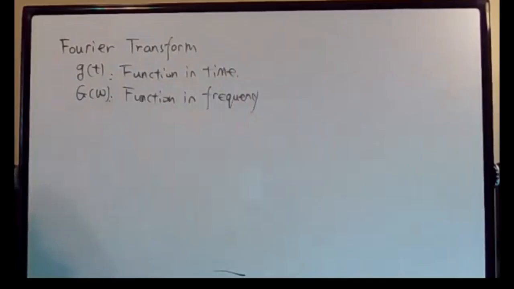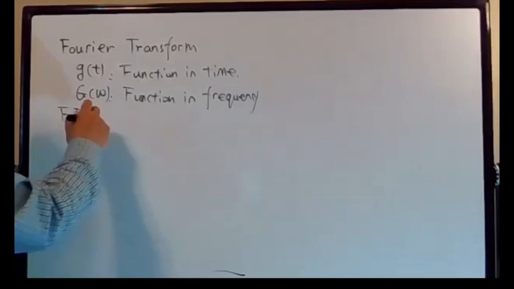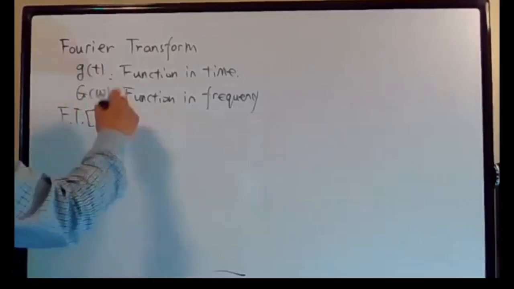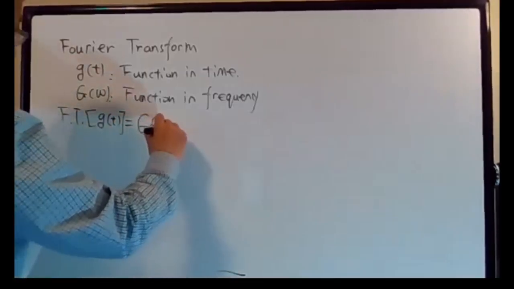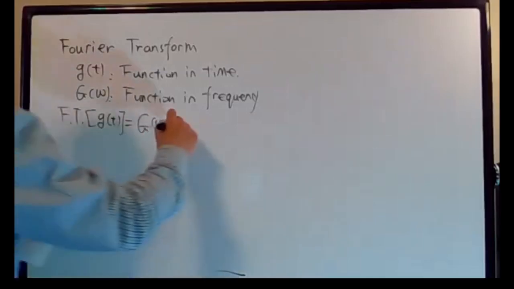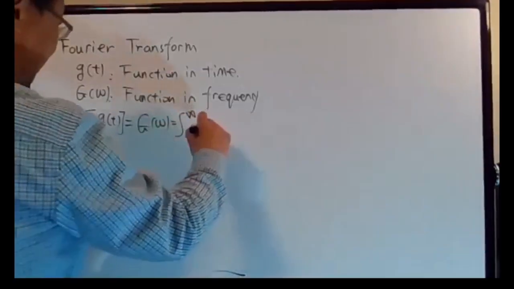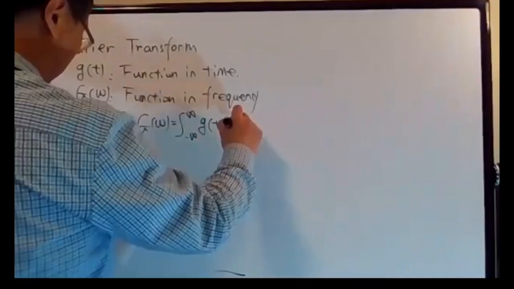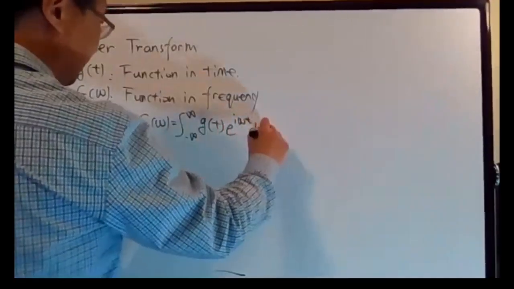The Fourier transform of this little g(t) is the capital G(omega), which is the integral from negative infinity to infinity of g(t) exponential i omega t dt.